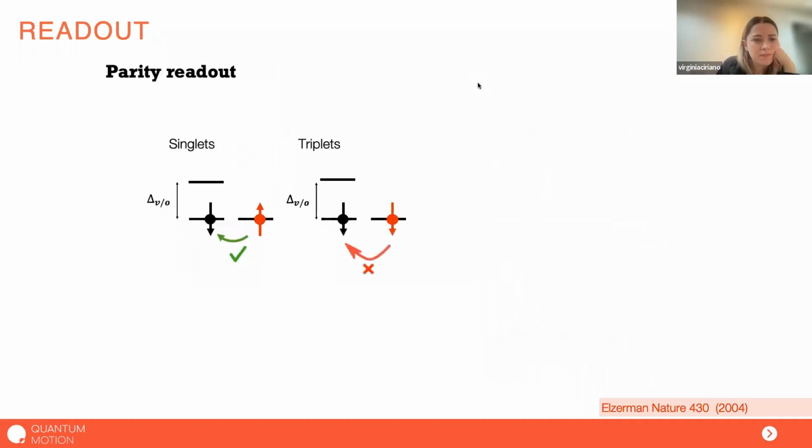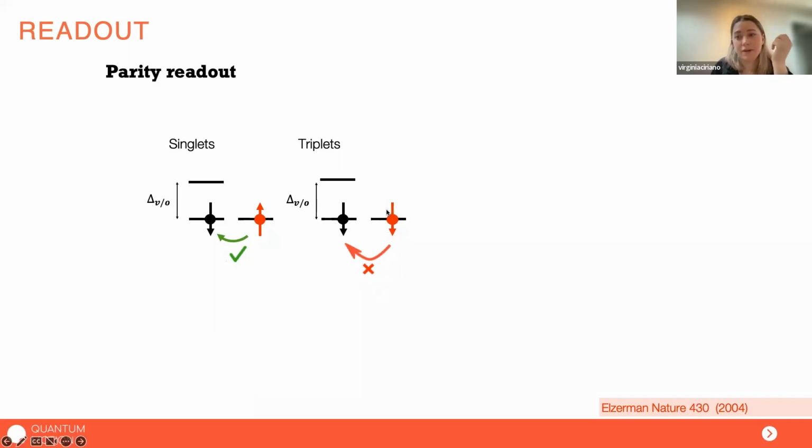Okay, we can do a similar thing, but instead of measuring one single electron, we're measuring 2 together. To do so, we have 2 electrons, each of them in a different quantum dot. If the electrons are in different spin states, forming a singlet, then this electron can tunnel to the other dot and they can be together.